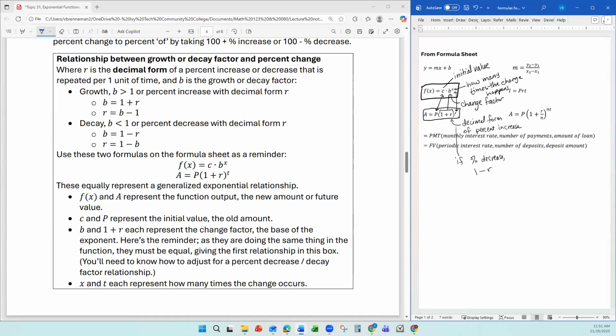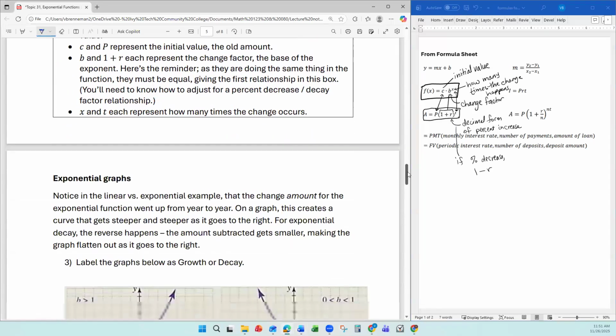But you have that on the formula sheet that you can use as a reminder. But super important to be able to do anything with exponential equations and calculations is to understand that relationship between the change factor and the percent change.